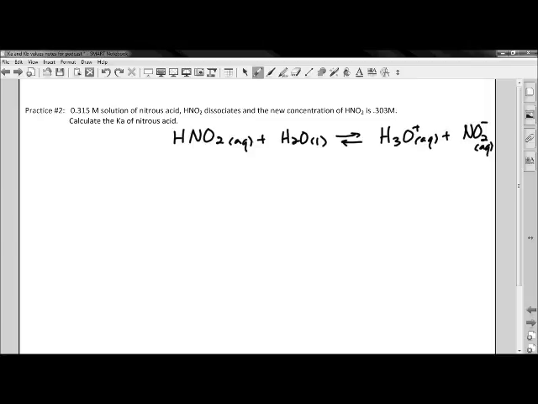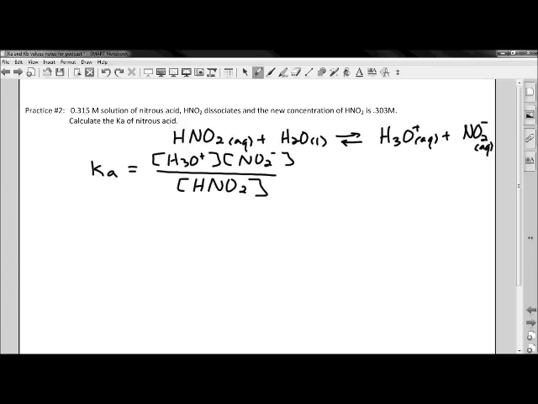All right, so here we go. Let's write our equilibrium expression for the Ka value. So we have Ka equals our products on top, H3O plus and NO2 negative, over our reactant, HNO2. And a reminder, we will not put the H2O in there because, again, it's a pure substance, and we won't write those here.